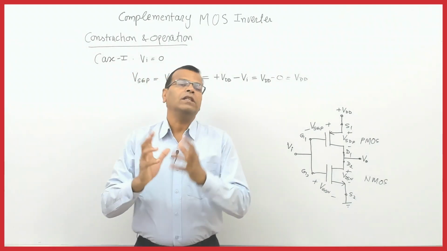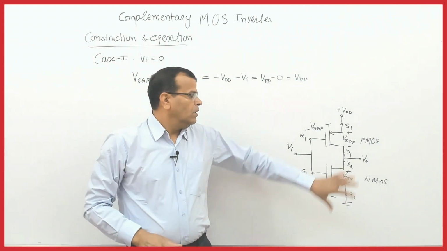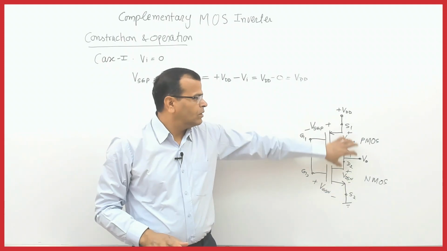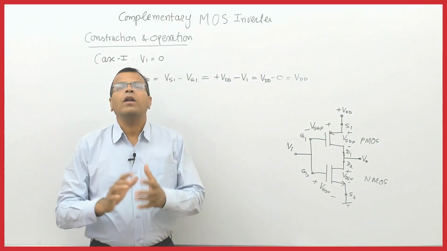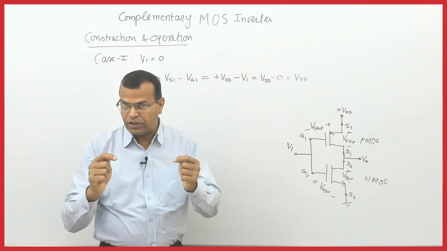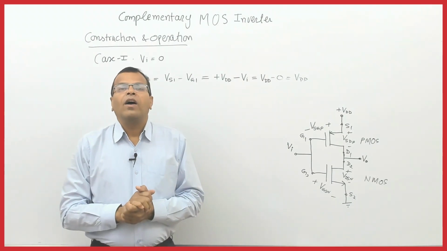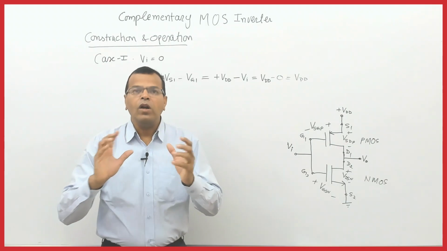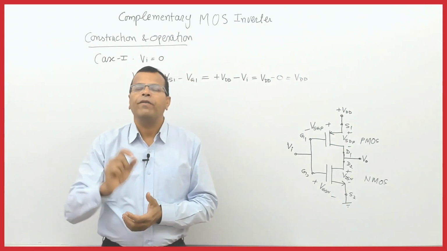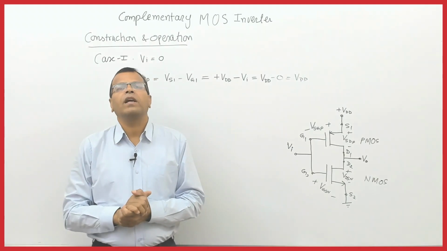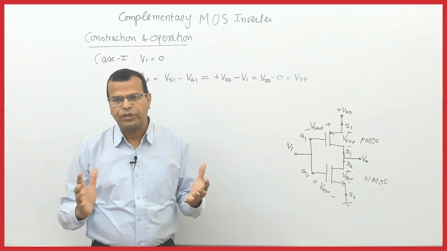In digital circuits, the transistors, that is NMOS and PMOS, are used as switches. When device is on, it behaves like a closed switch. When device is off, it behaves like an open switch.